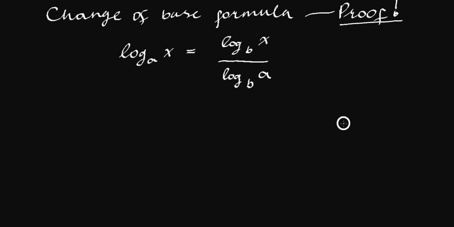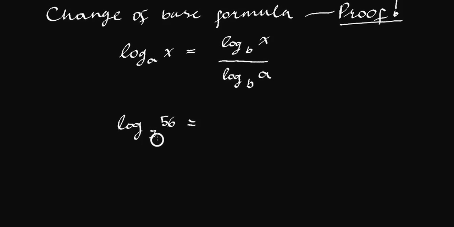When it's just a log, remember it's just base 10. So what if you get something like log base 7 of, I have no idea, 56, I don't know. What if you get something like this? Well, you can't plug this into your calculator, right? So it's a hassle to work with.